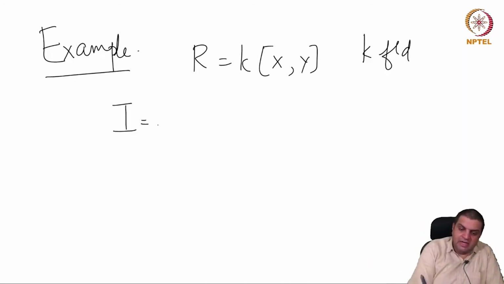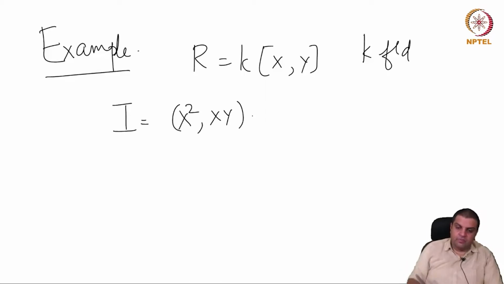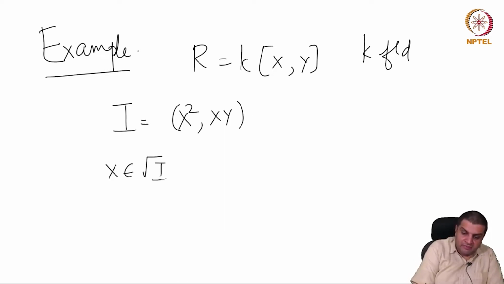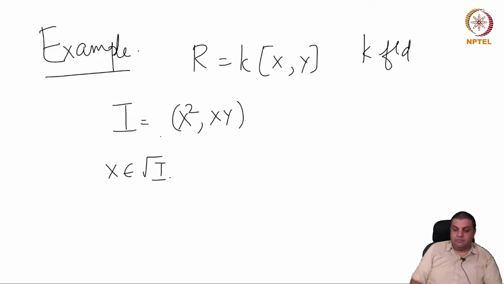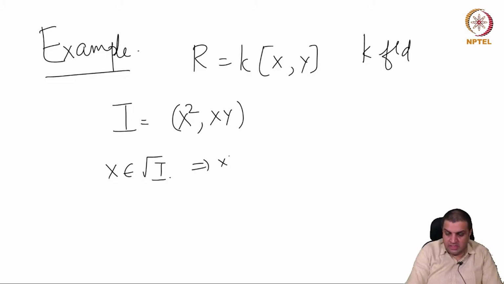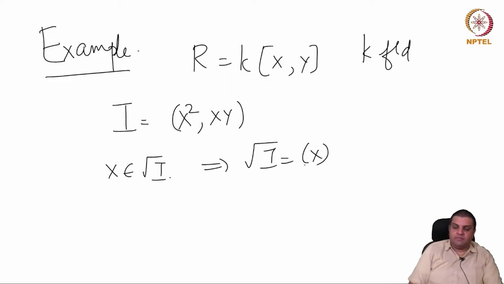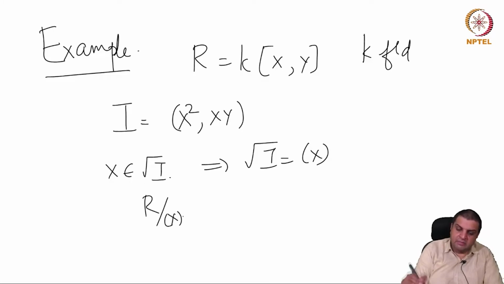Now let I be the ideal generated by x squared and xy. What is the radical of I? Well, x must belong to the radical of I, because x squared is inside I. And if x is in the radical of I, then xy is automatically there. So the radical of I is the ideal generated by x, and R modulo the ideal generated by x is isomorphic to K[y], which is a domain.